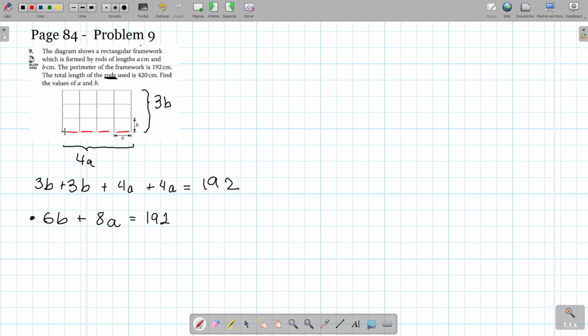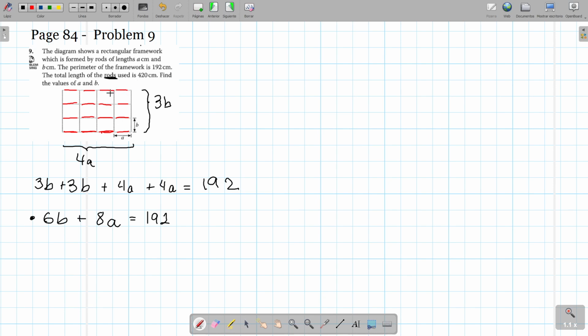As you can see, the length of these sticks is A. That's the length. So we have this another stick, this another stick. As the problem says, rods, we have here, here, here, here, here, here, here, and here.